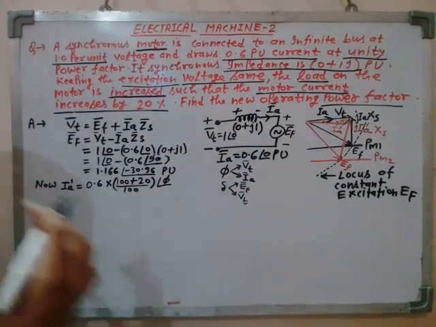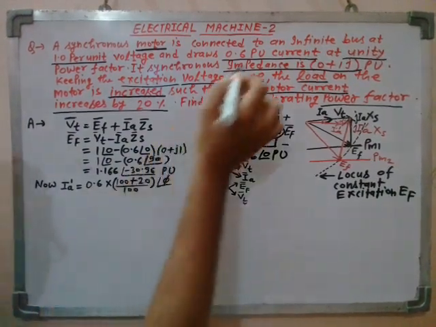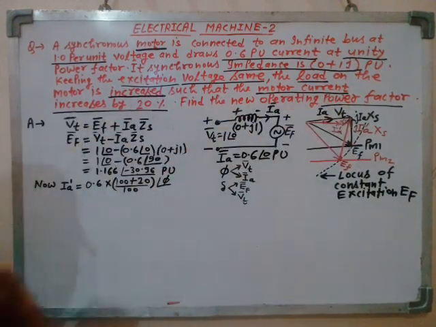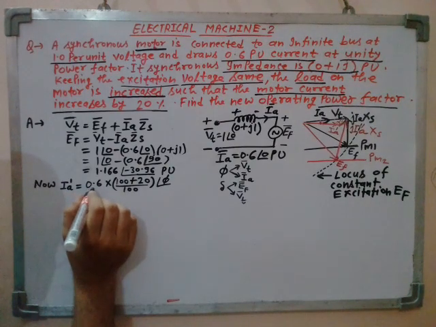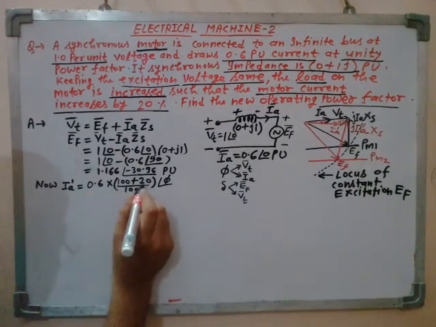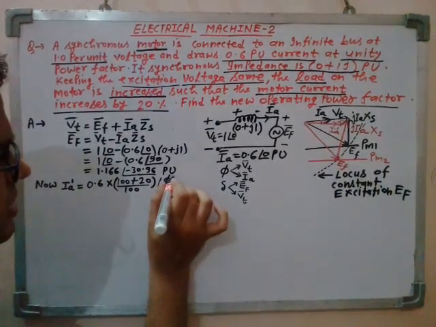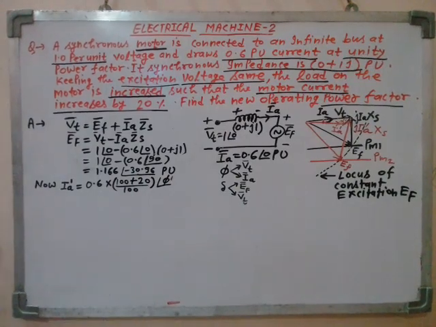Because it's a motor. Now for the new case, he is saying that the armature current should increase by 20%. So Ia dash is equal to 0.6 plus 20%, which means 1.2 times. And the new operating power factor angle, let me call it phi dash, you have to calculate.